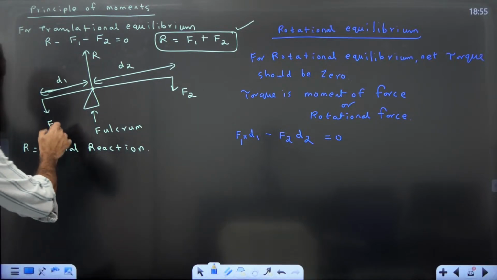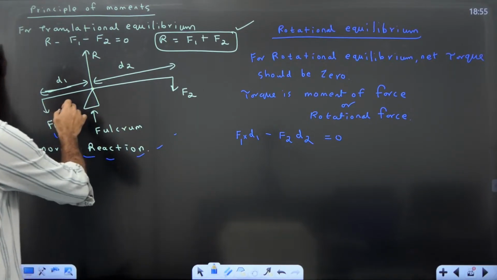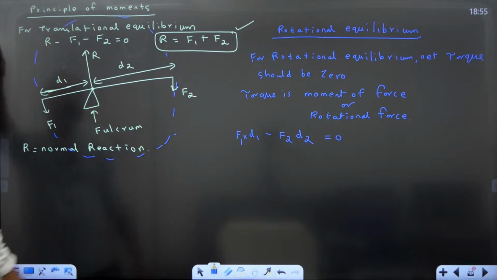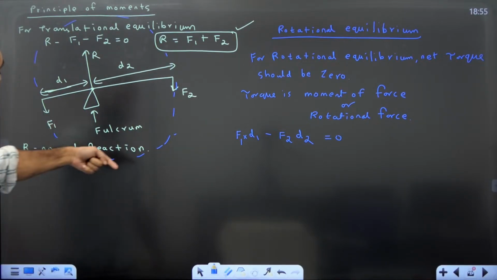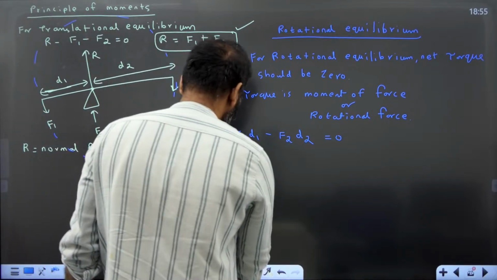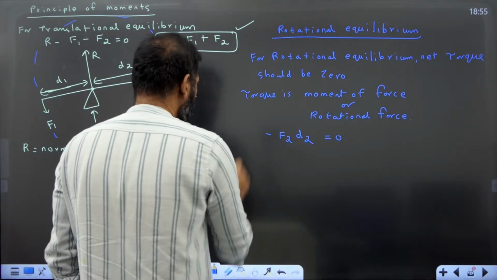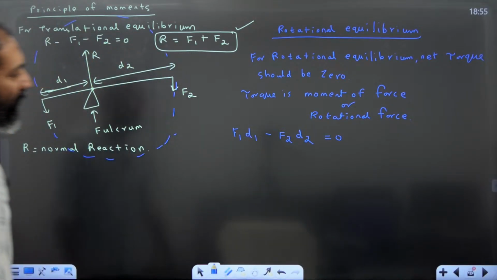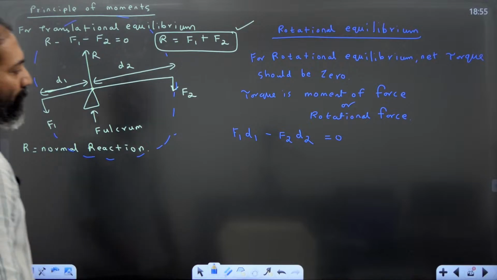F1 is acting in the anti-clockwise direction, where F2 is acting in the clockwise direction. So I have taken anti-clockwise moment F1 D1 positive, clockwise moment F2 D2 negative.